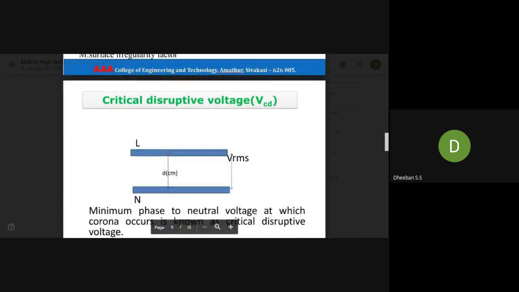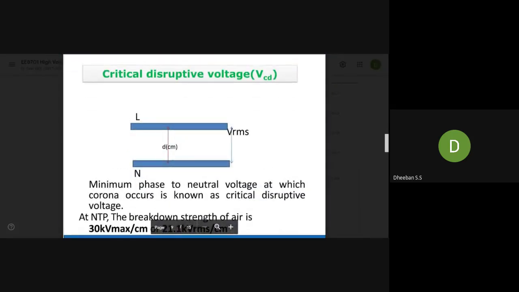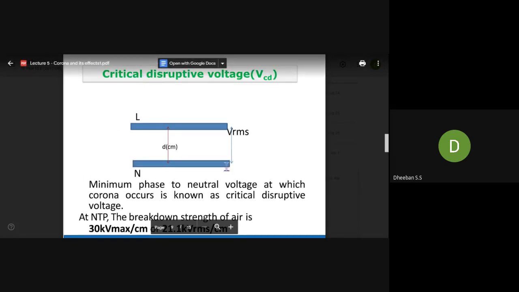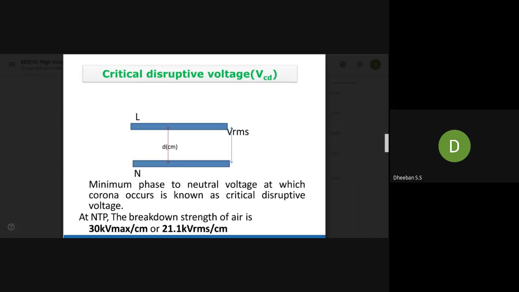So next is the critical disruptive voltage. This you have already studied in your T&D, the same thing. What does this critical disruptive voltage mean? There will be 2 conductors. Even if you are taking a single phase, it will have 2 conductors: one is your phase and another one will be a neutral.